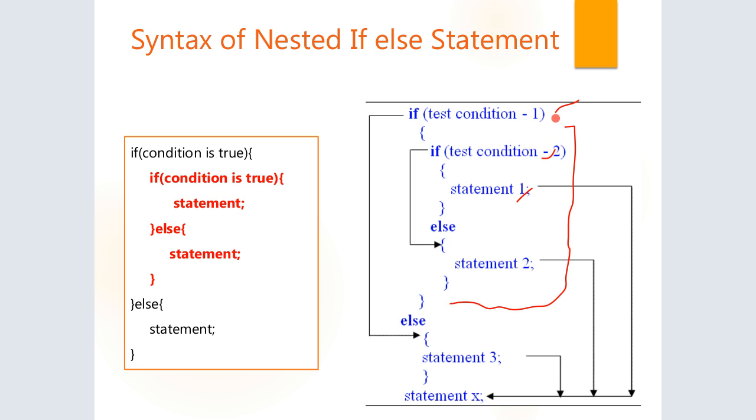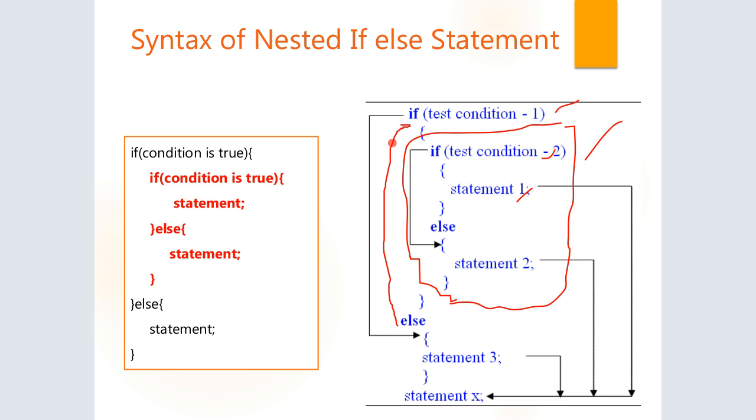So in other words, the whole of this here, the whole of that is a statement to condition 1. So if condition 1 is true, this block statement will be executed. Otherwise, we'll go to the else. So this else belongs to condition 1.